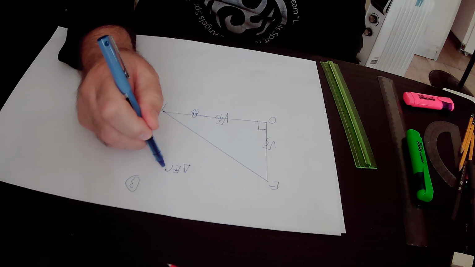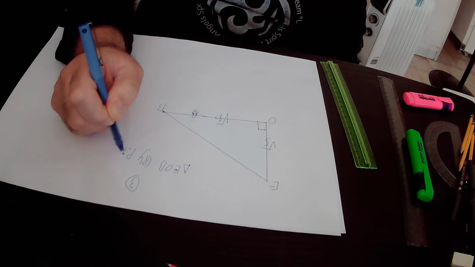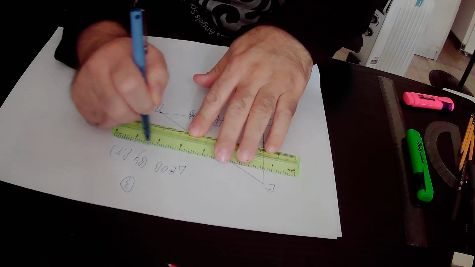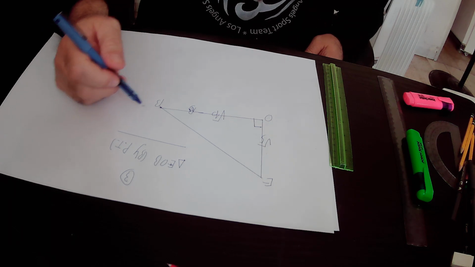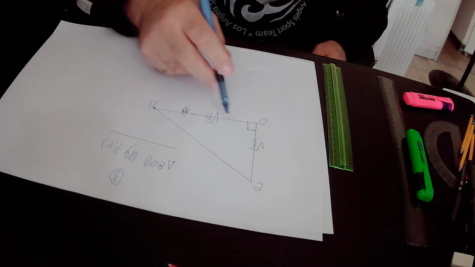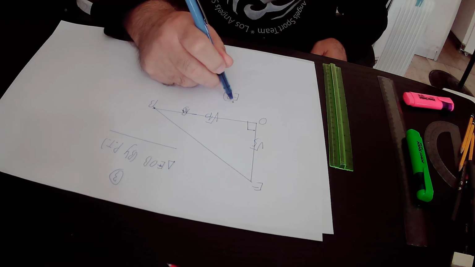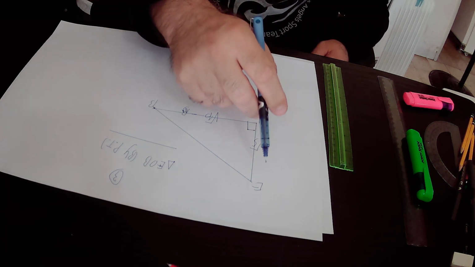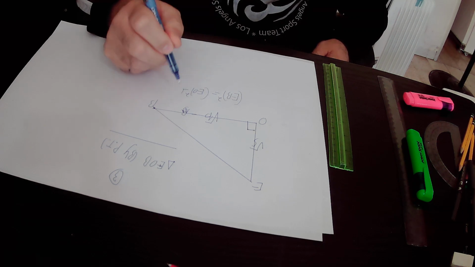So in the right triangle EOB, by PT, the square of the hypotenuse equals the sum of the squares of the perpendiculars. The hypotenuse of this right triangle is EB, therefore the square of the hypotenuse is EB squared. And it must be equal to the sum of the squares of the perpendiculars, that is to say, EO squared plus OB squared.